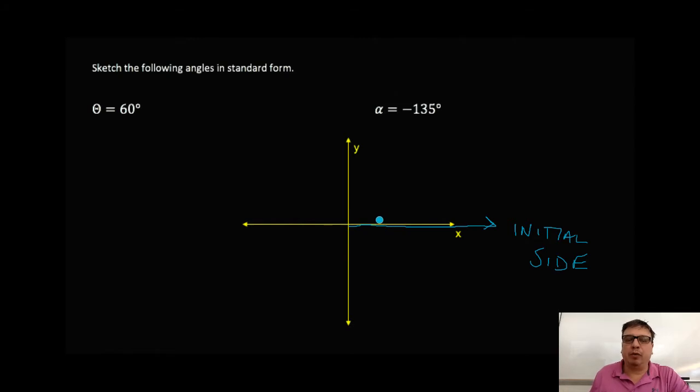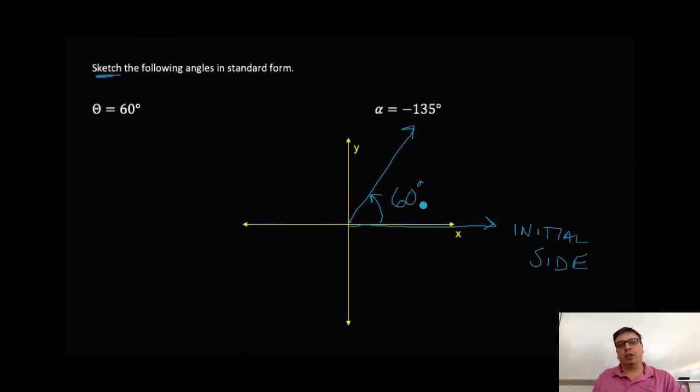And then we're going to go through and rotate through 60 degrees. So we know roughly, and the nice thing is that this says sketch it, so we're only going to go through and sketch. So there's my initial side, and for 60 degrees it would be somewhere around here, and this rotation is 60 degrees.